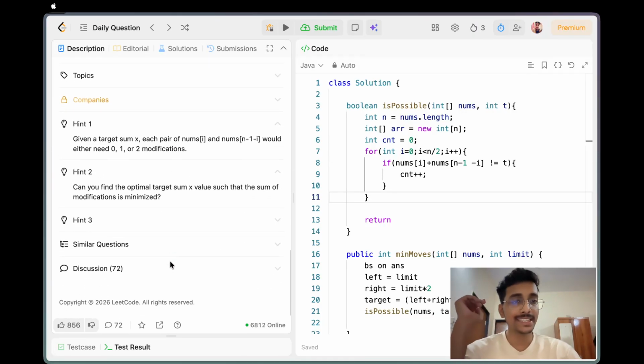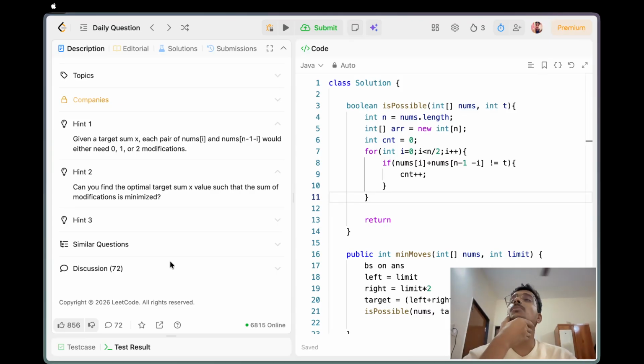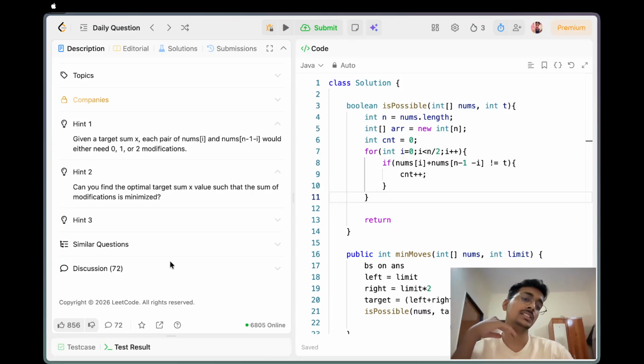The second hint says, can you find the optimal target sum x such that the sum of the modifications is minimized? Sum of the modifications, how much value does it matter? It's the same thing I am doing, right?